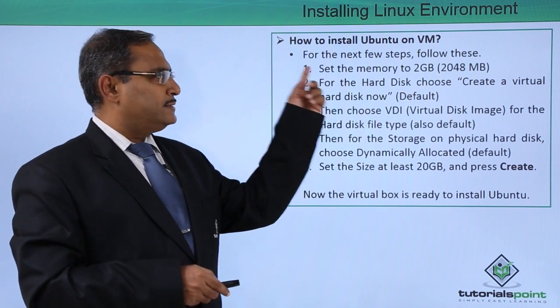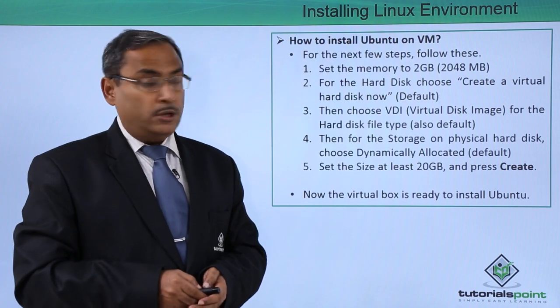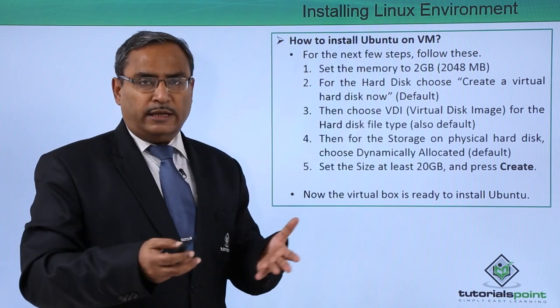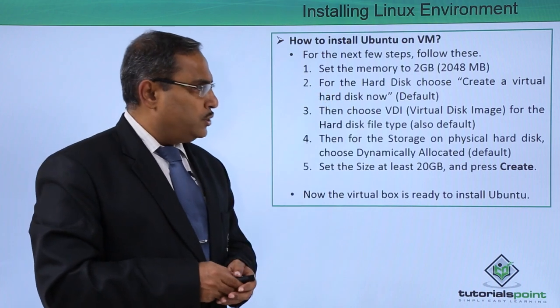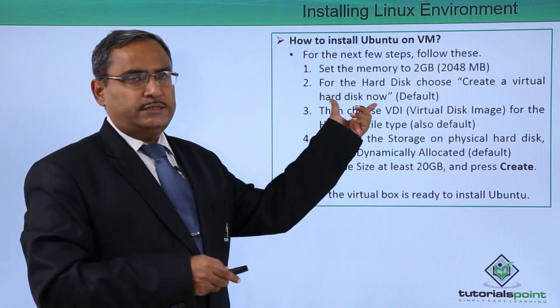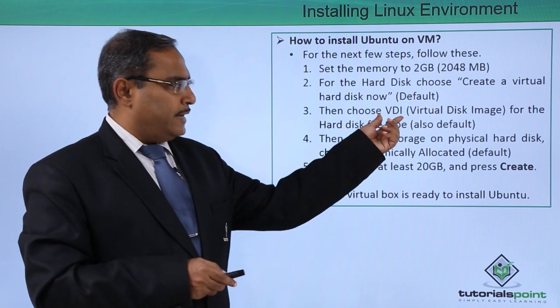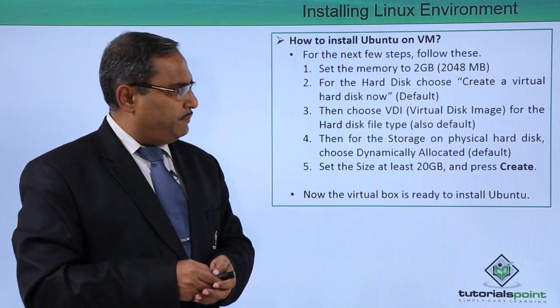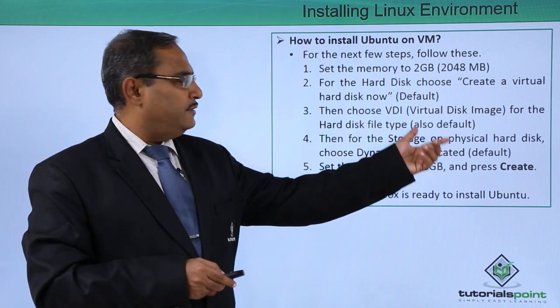For the next few steps, follow these. Step number 1, set the memory to 2 GB, that is 2048 MB. Instead of 2 GB, you can also give some more memory. For the hard disk, choose create a virtual hard disk now. This option will remain selected as default. Then choose VDI, that is a virtual disk image. The hard disk file type will also remain as default.